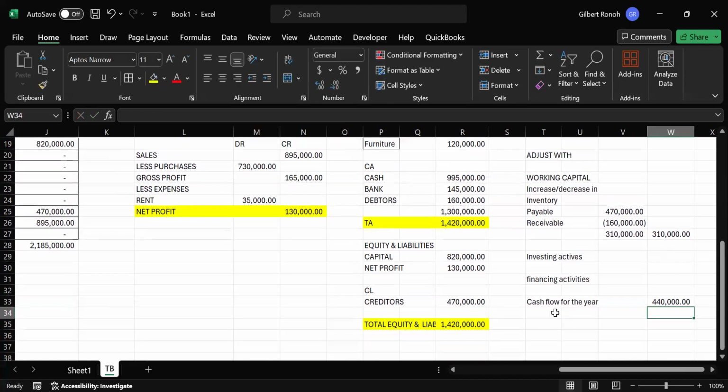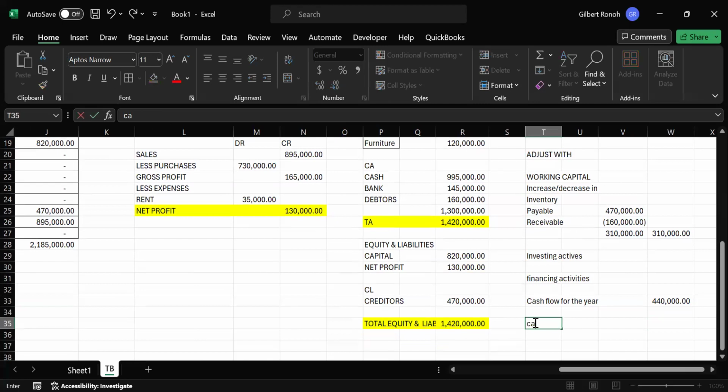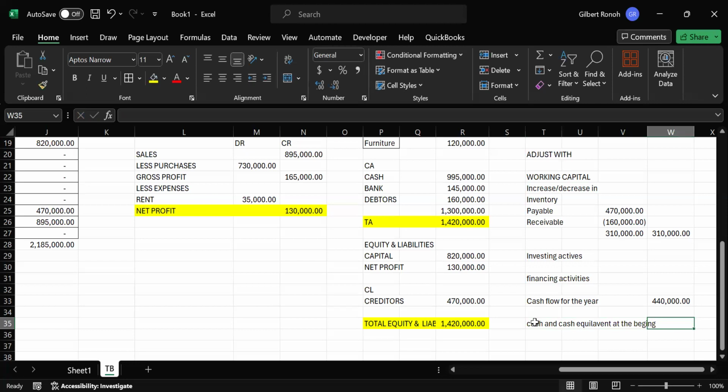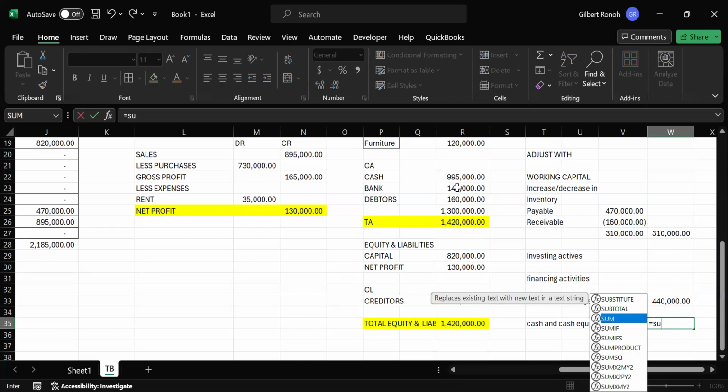And then you have your cash and cash equivalent at the beginning, which we have not been given, but we can have the cash and cash equivalent at the end. For that, you add the two, the cash and bank, which equals the sum of this. So that is 441.